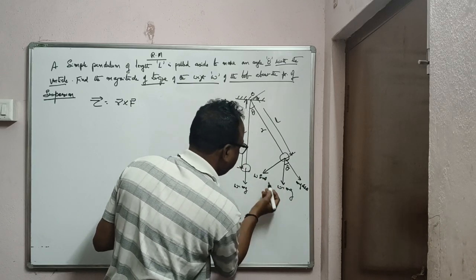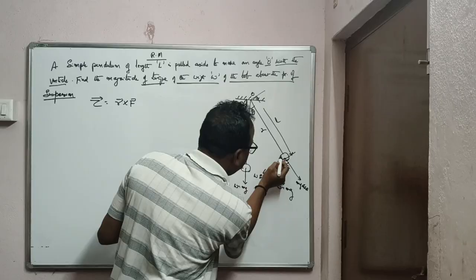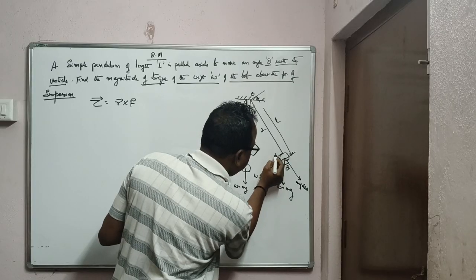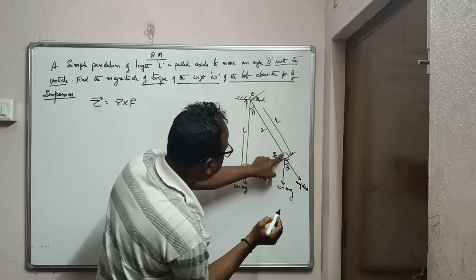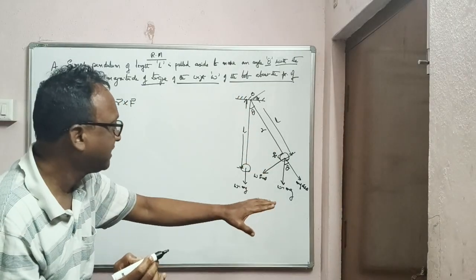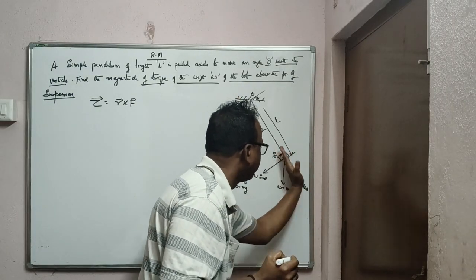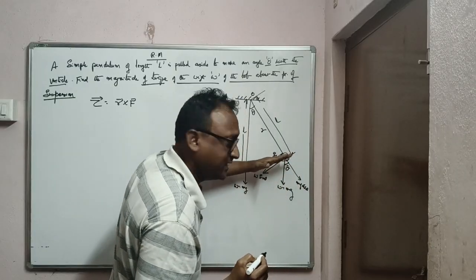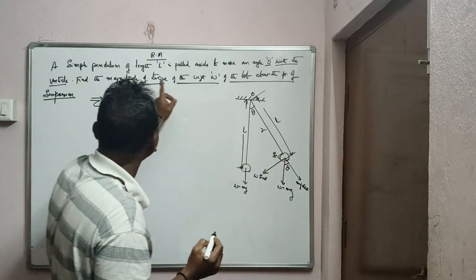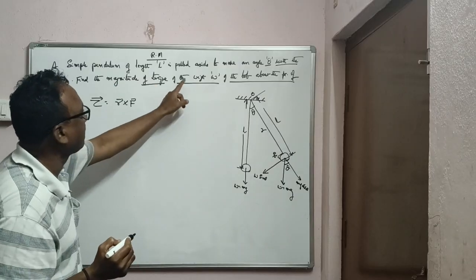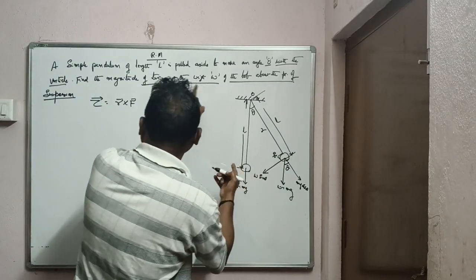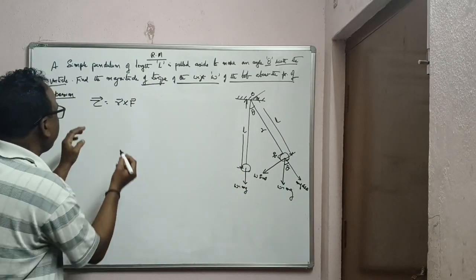Please make a note, this is making 90 degrees with the R distance. So the two weight components are mg cos theta and mg sin theta. He is asking to find the magnitude of the torque of the weight. So what is torque here? R into F perpendicular.